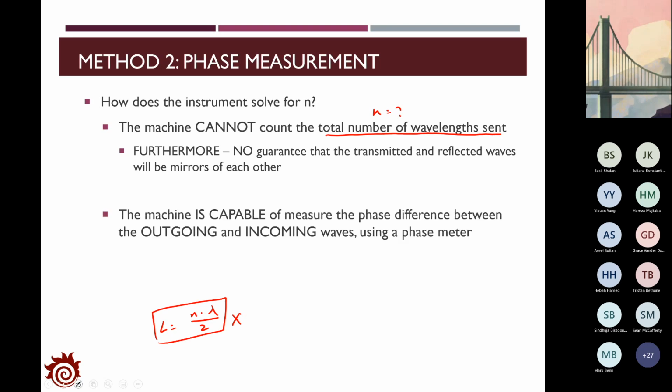But the good thing is the machine is capable of measuring the phase difference between the outgoing and incoming waves. We know how much the wave is shifted from when we send it out to when we receive it. This is called the phase, and usually we apply a phase meter to measure this phase difference.